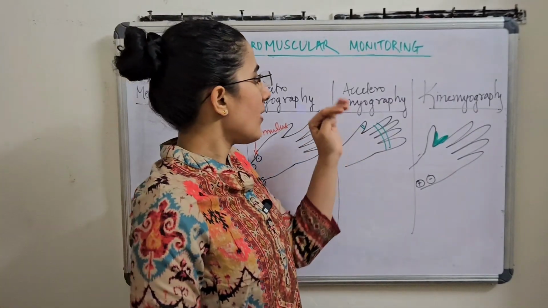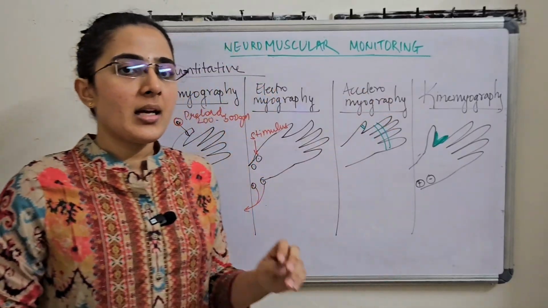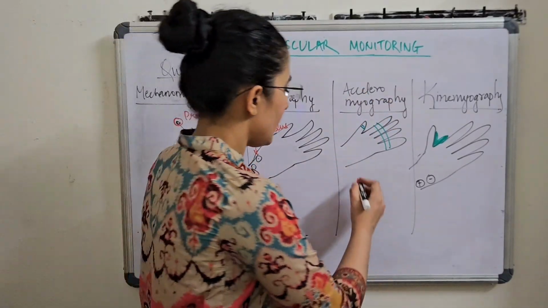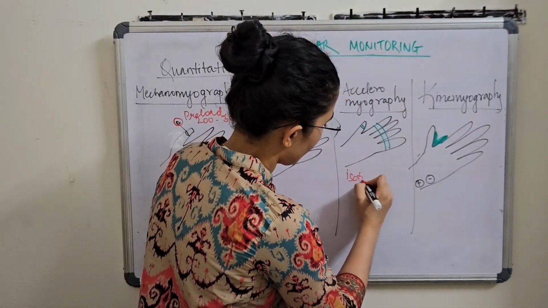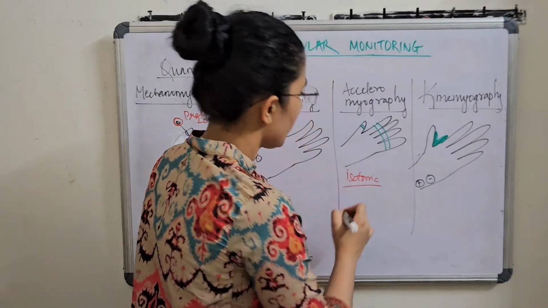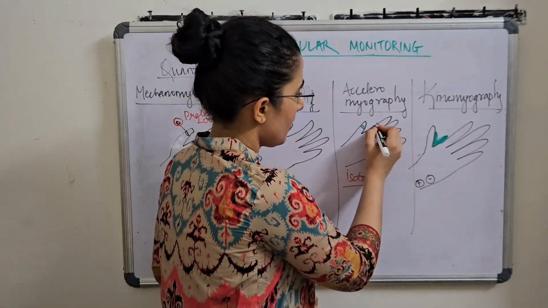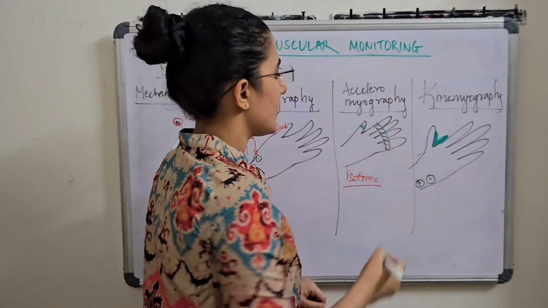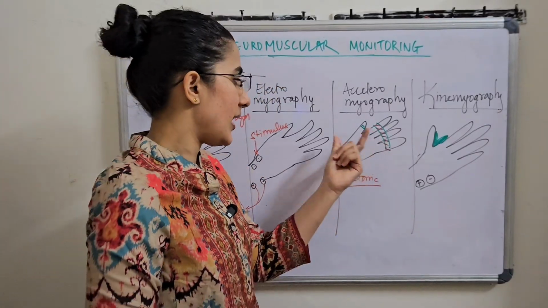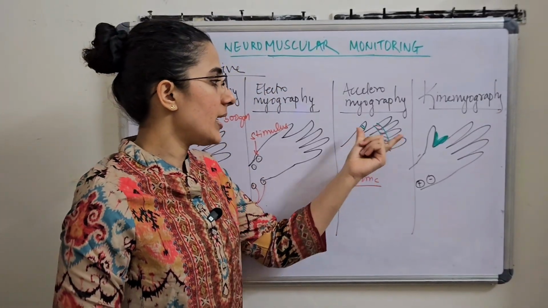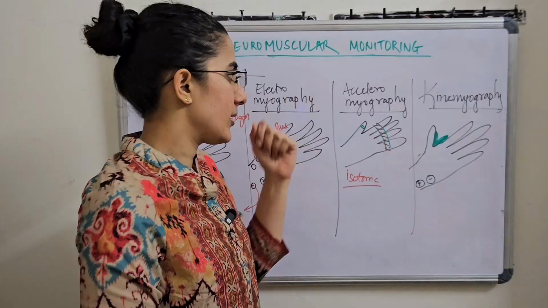Next we have acceleromyography, where the isotonic contraction of the muscle fiber is detected by a piezoelectric wafer placed over the hand. This helps in detecting the voltage signals.